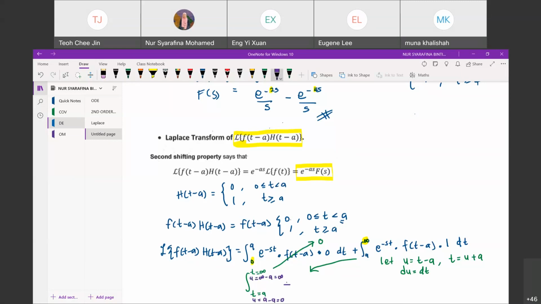So still we have from 0 to infinity exponent negative s(u plus a), f(u) du, all right?